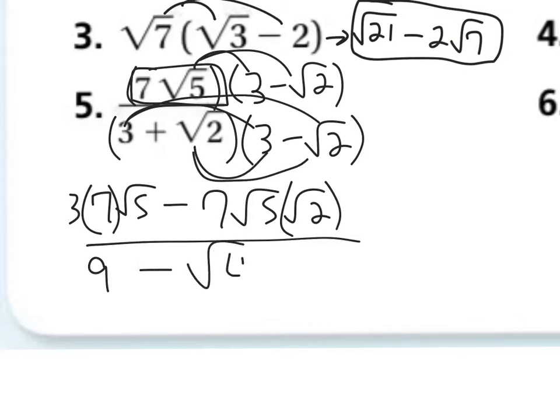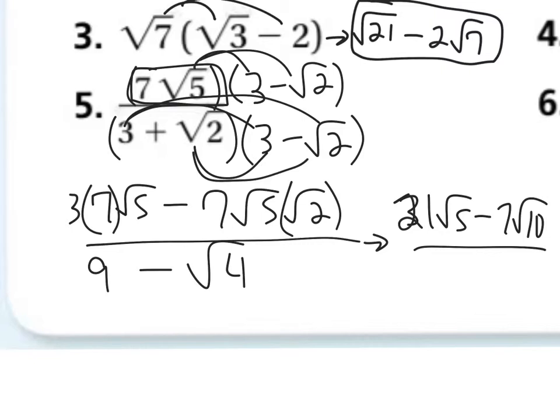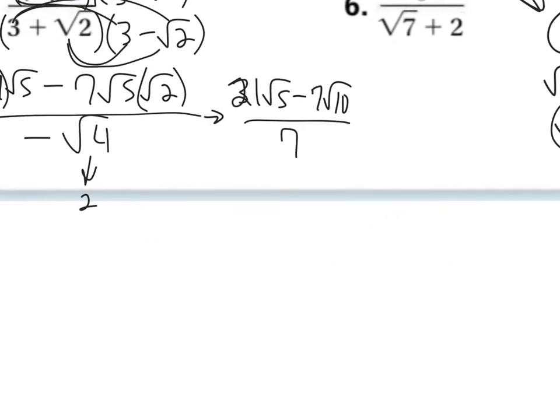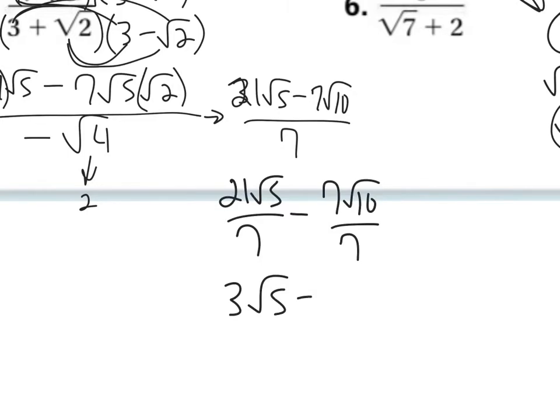And then this will be minus square root of 4. So this will be 21 square root of 5 minus 7 square root of 10 all over square root of 4 is going to be 2, so 9 minus 2 is 7. At that point, both of these numbers in the numerator are divisible by 7, so we can actually divide these out. And then this will be 3 square root of 5 minus 1 square root of 10, or just 3 square root of 5 minus the square root of 10.